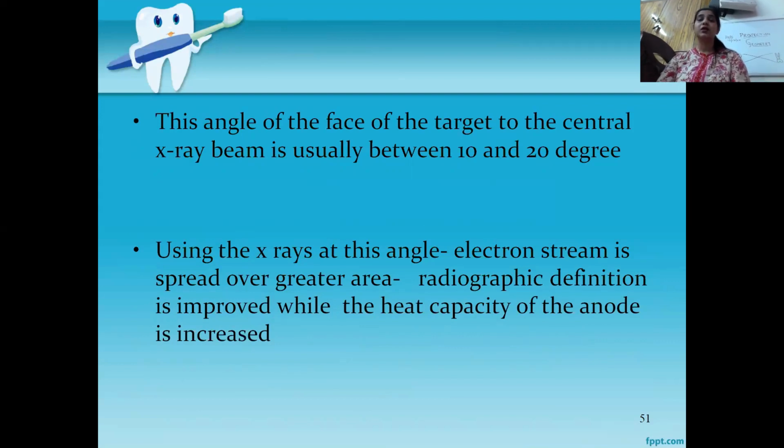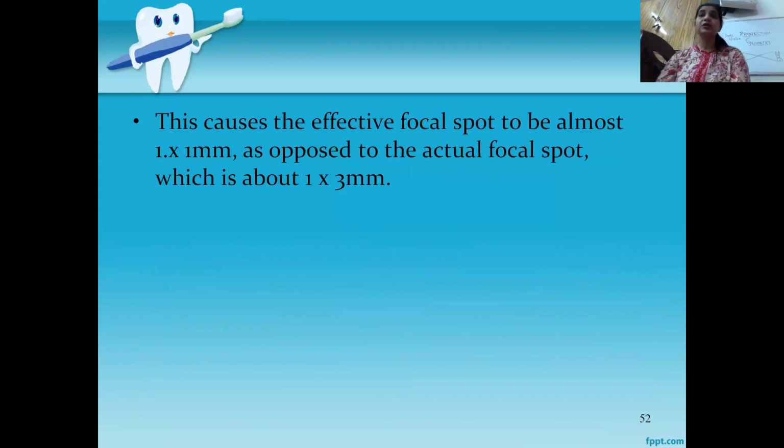So at that certain point, that is 10 to 20 degree angulation of the focal spot where the X-ray beams collide, we should keep a proper angulation. This causes the effective focal spot to be almost 1 by 1 mm as opposed to the actual focal spot, which is about 1 by 3 mm. So this is how we can reduce the size of a focal spot.